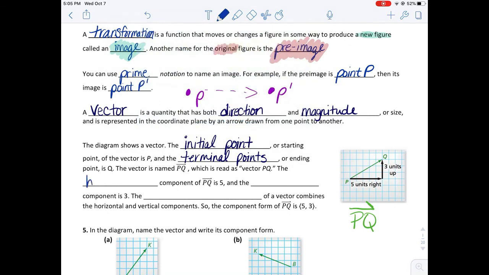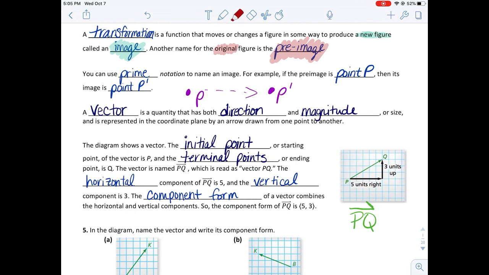The horizontal component, the left-right, the horizontal component of PQ is 5 in this example, and the vertical component is 3. The vertical, the up-down, is 3. The component form of a vector combines both the horizontal and vertical components.